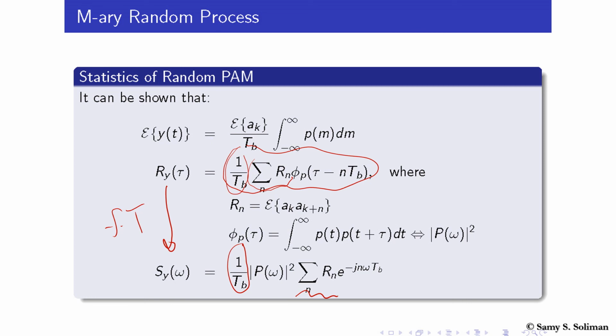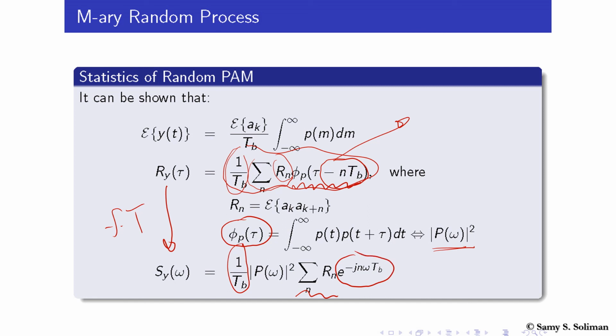And of course, R of n is not a time function, it is just a scale while we are calculating the Fourier transform, and we are left only with the Fourier transform of this function. This is a time shifted function, so its Fourier transform is the Fourier transform of the basic function, which is phi of tau, and here we calculated it as P of omega, multiplied by a phase shift corresponding to this time shift, and this phase shift is represented by this exponential term.